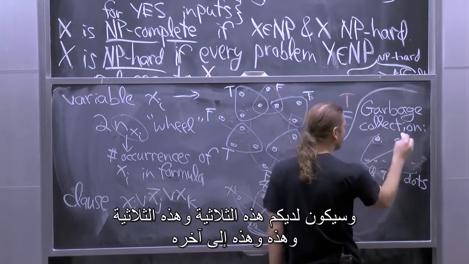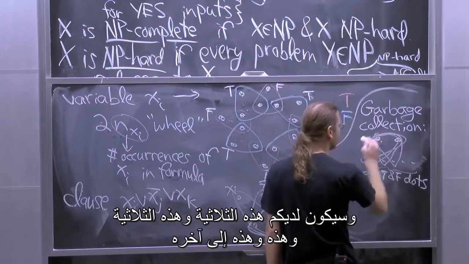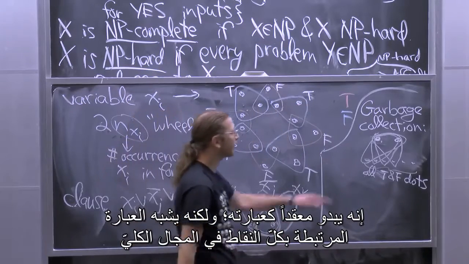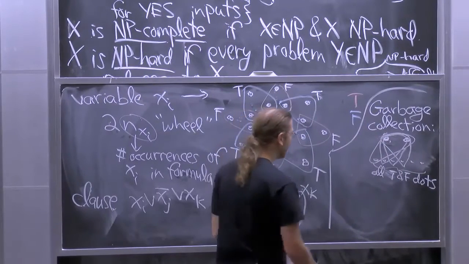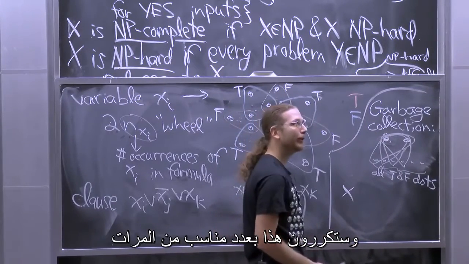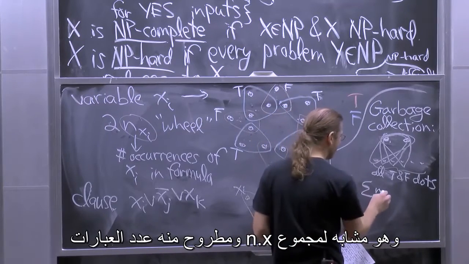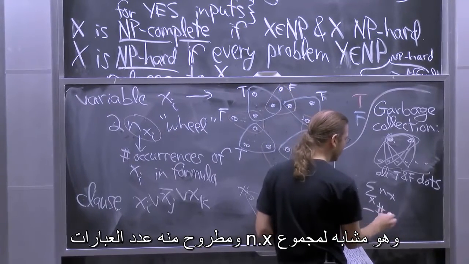And you're going to have this triple, and this triple, and this triple, and this triple, and so on. It looks an awful lot like a clause. But this is like a clause that's connected to everybody in the entire universe. And you repeat this the appropriate number of times, which is something like the sum of nx minus the number of clauses.